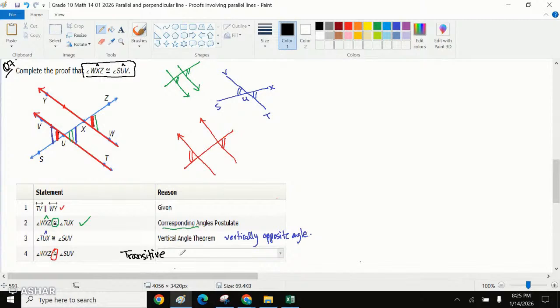Let's see what we can say. If this angle was X, then this should be X, right? And we know that these two would be vertically opposite. If this is X, then this would be X, or this is X, then this is corresponding also, right? So this is the transitive property of congruence. So we need to give our reasons. Why are we saying that these statements are true? Okay, so these are the reasons for that.